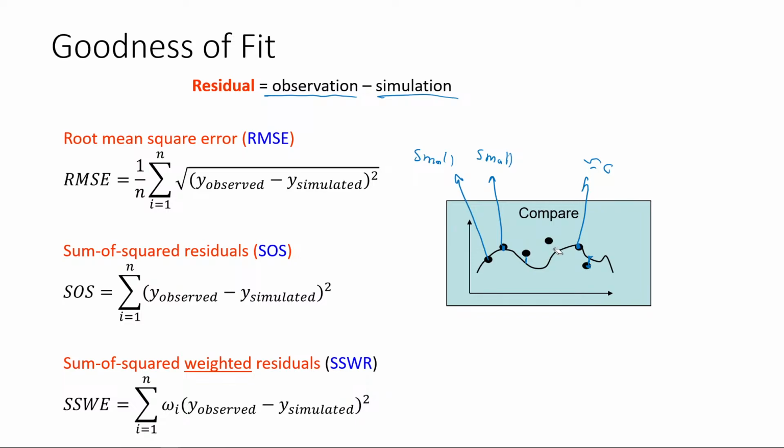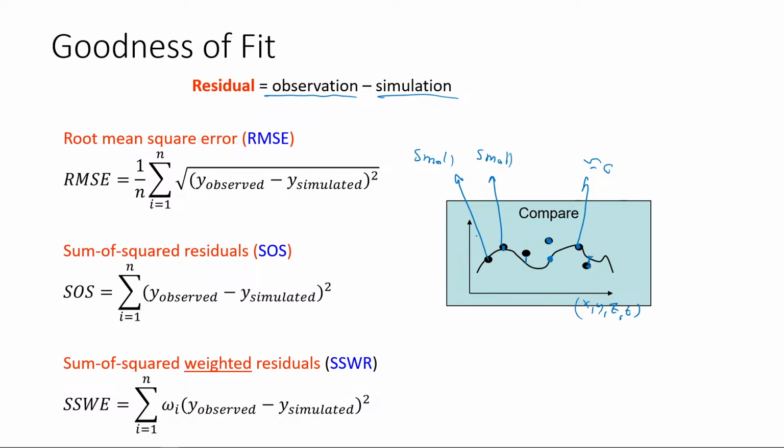So here is what I'm observing, and at the same space x, so this could be x, y, z, and t. At the same cell and at the same time, I see how much my model is producing.